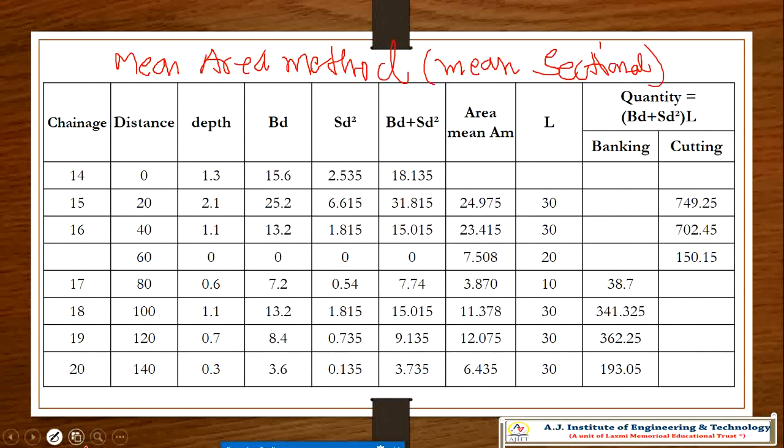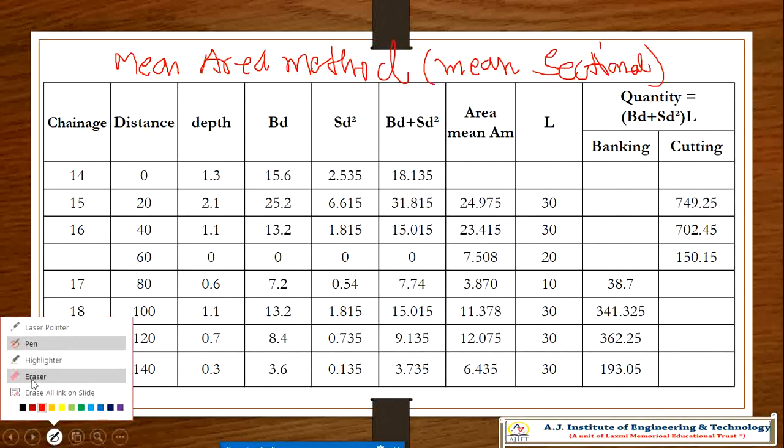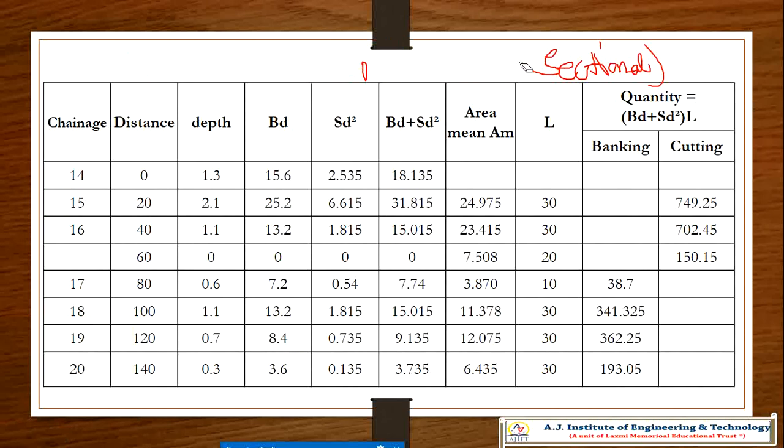Now we'll go for the chainage. Very importantly, you need not draw this column; it is not required anyway. Now just concentrate here.